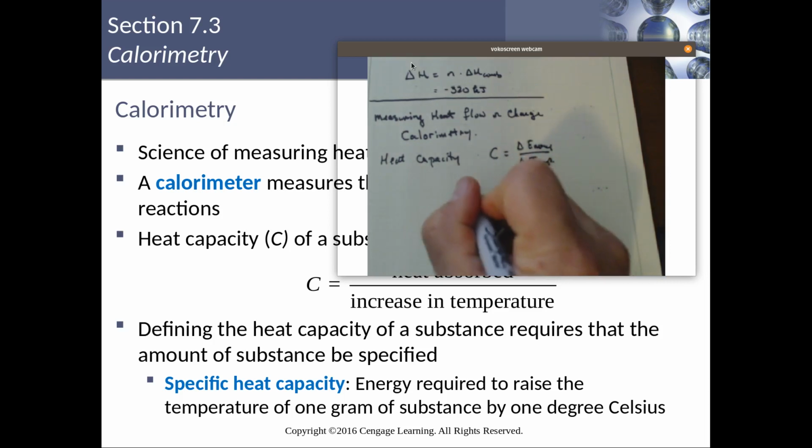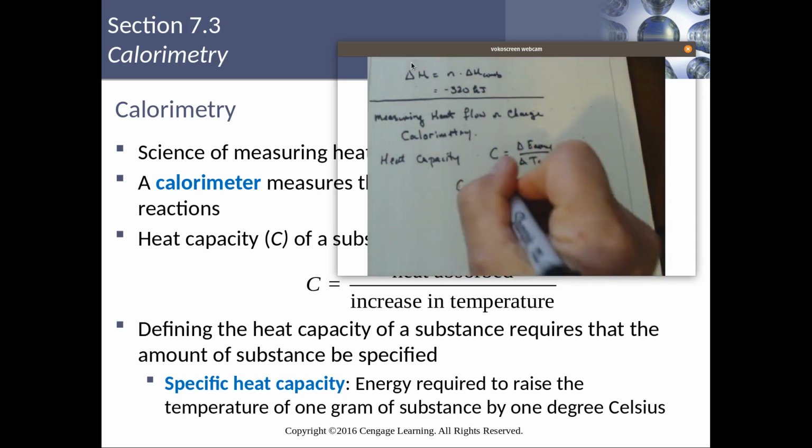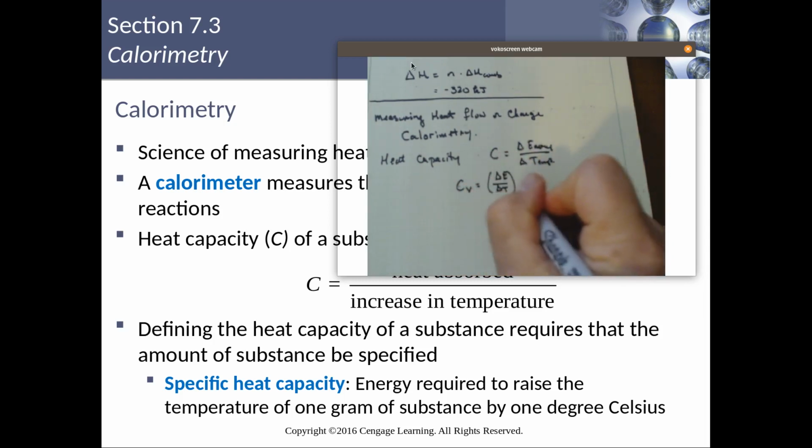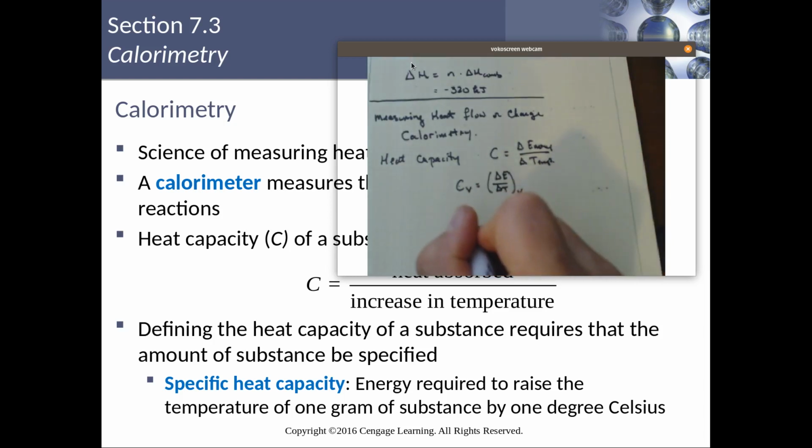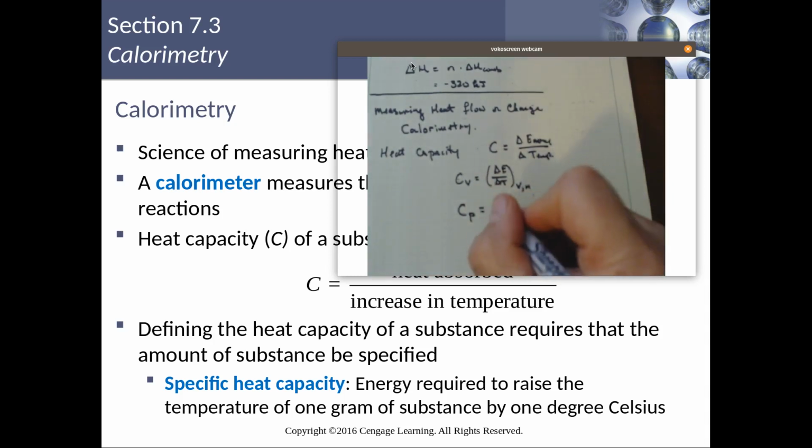I can have the heat capacity at constant volume, which is equal to the delta E over delta T at constant volume, keeping the number of moles constant. Or I can have a CP, constant pressure heat capacity, which is the delta H over delta T at constant pressure.